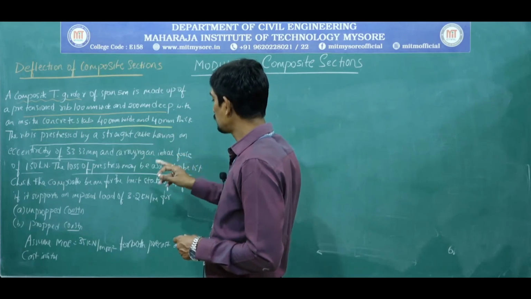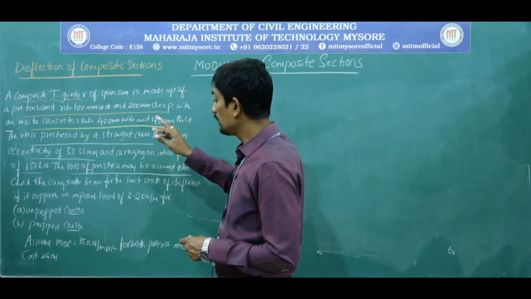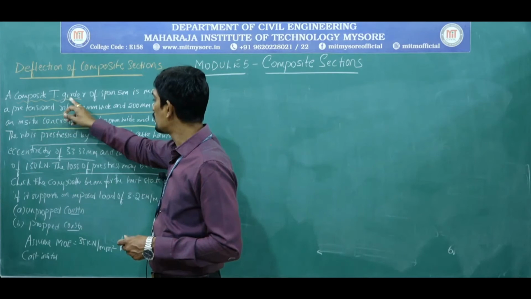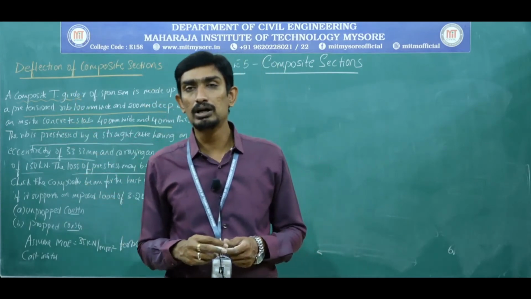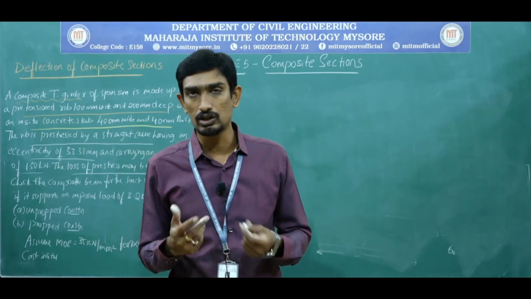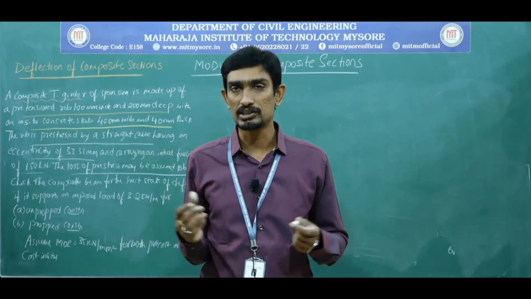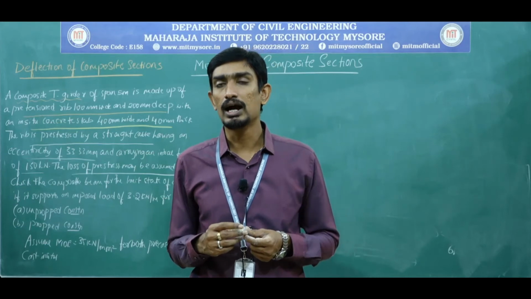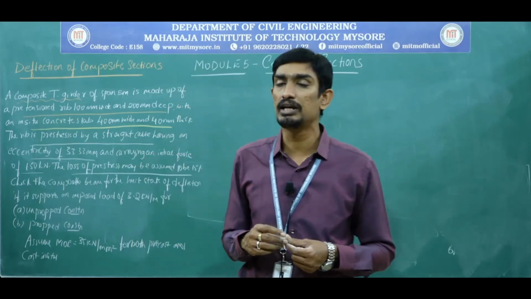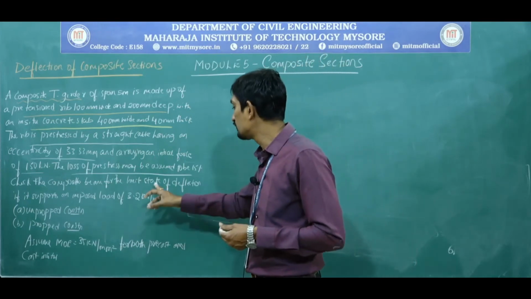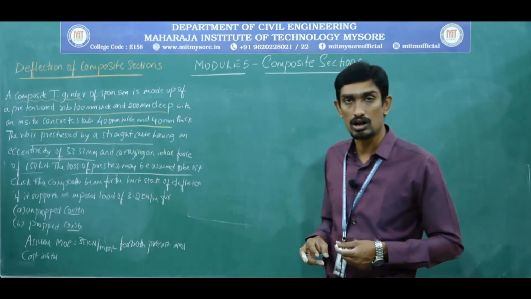So now for this data, you need to check whether the composite T girder or beam is able to carry the external load and the pre-stressing force induced, and check whether it is within the permissible limit or not, the limit state of deflection or serviceability.